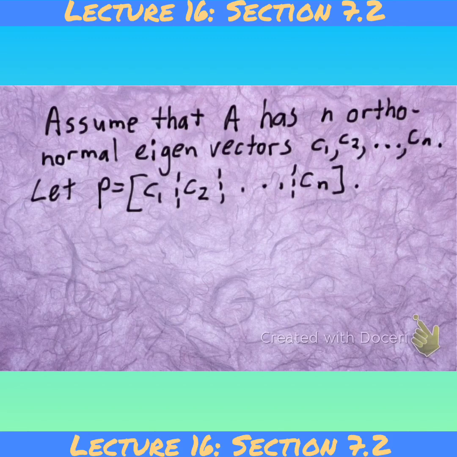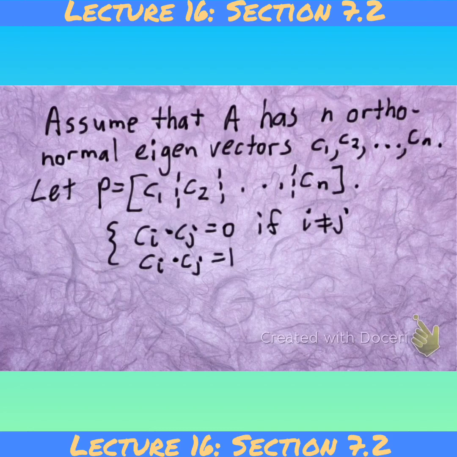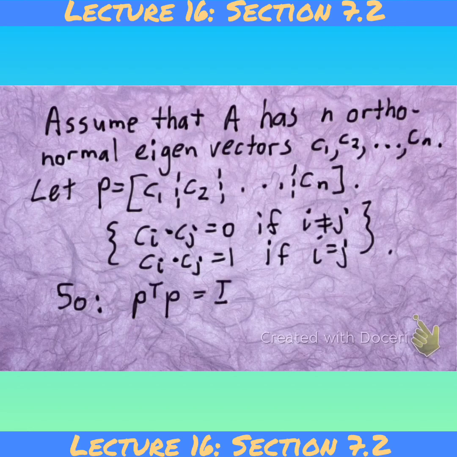And also we know that Ci dot Cj is going to be 0 if i is not equal to j, and Ci dot Cj is going to be 1 if i is equal to j. Remember that. So this is just simply going to imply that P transpose P is going to be the identity matrix.